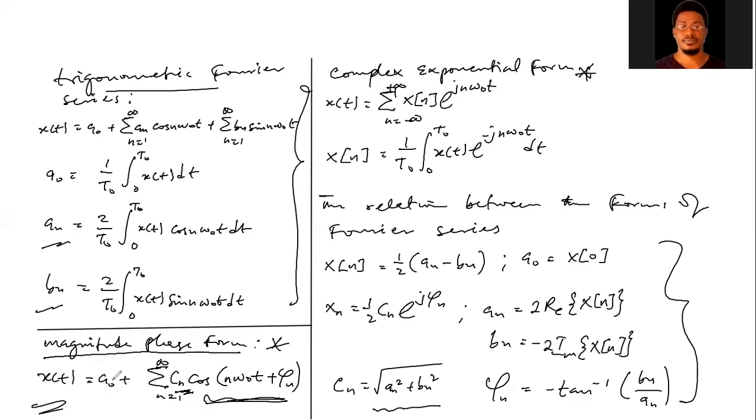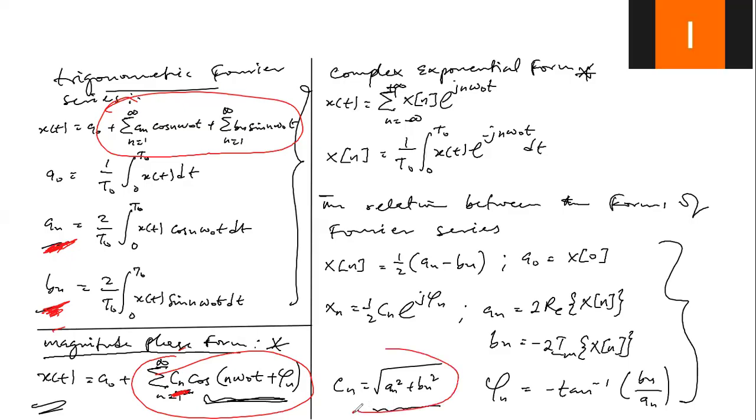So we are literally saying that what we have here in the trigonometric form is the same as what we have here, such that this coefficient is a function of the real and imaginary coefficients, and that is derived by this.